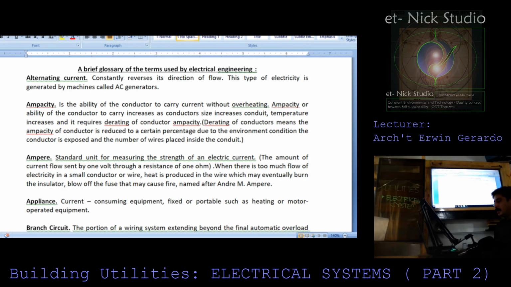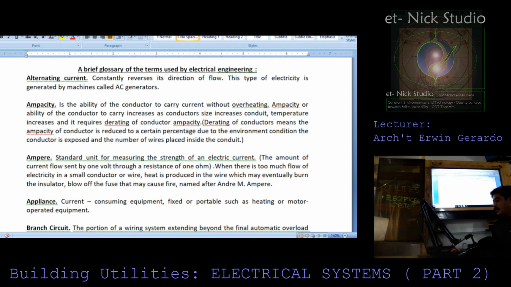Ampere, the standard unit for measuring the strength of an electric current. It is the amount of current flow induced by 1 volt through a resistance of 1 ohm.